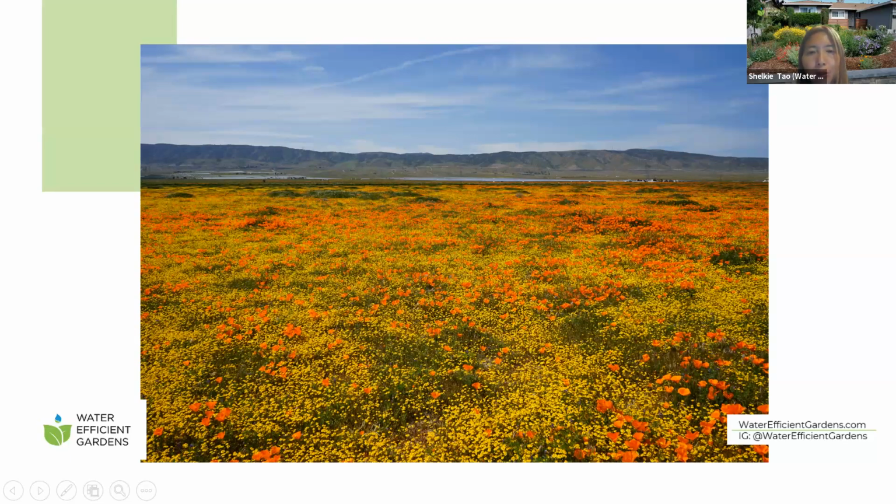It just shows you how resilient and tough these native plants are. All we need to do is plant the same native plants in our yards so that they can do the same magic in our yards.